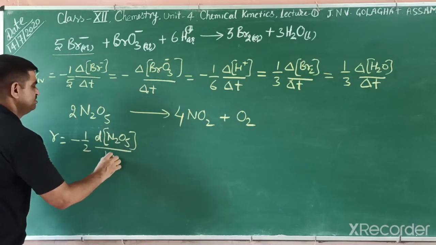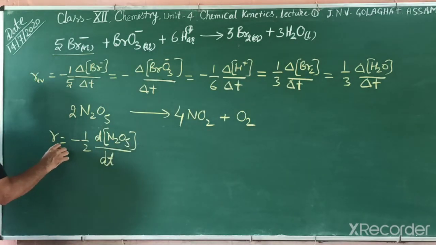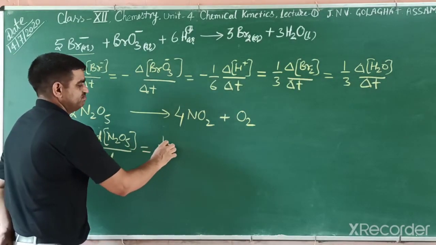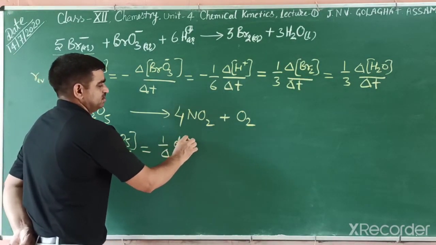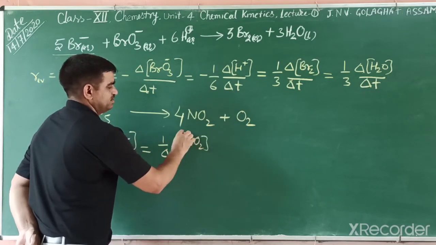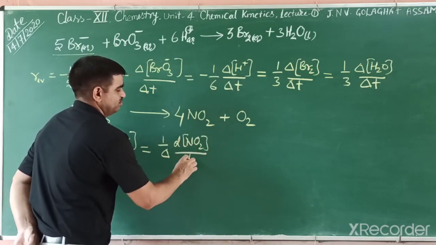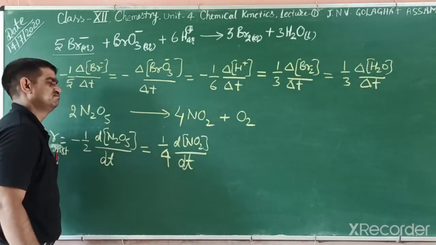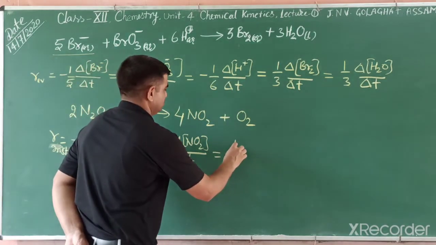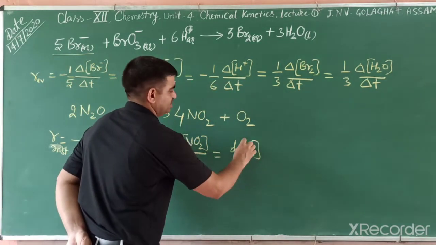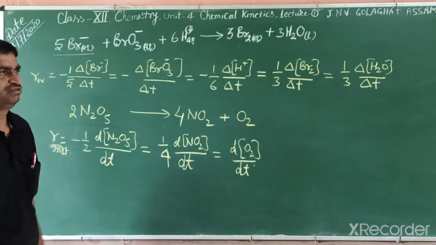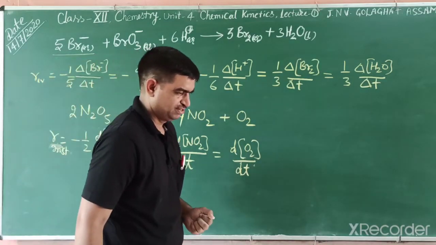The instantaneous rate is equal to 1/4 small d concentration of nitrogen dioxide divided by a very small change in time, divided by 4, so 1/4. The other one is a very small change in concentration of oxygen divided by dt. You can solve this numerical given in your NCERT book.